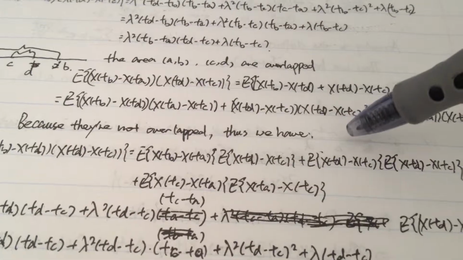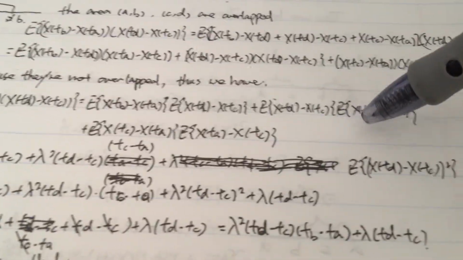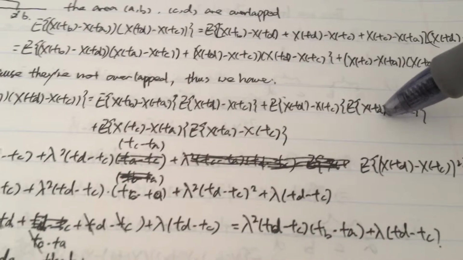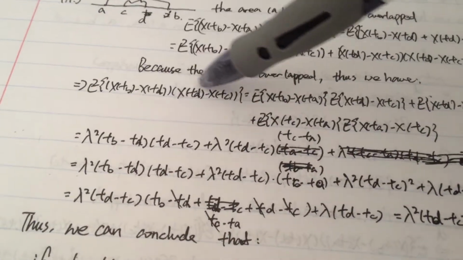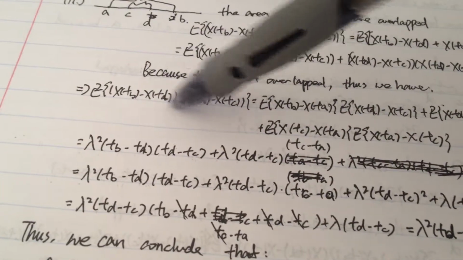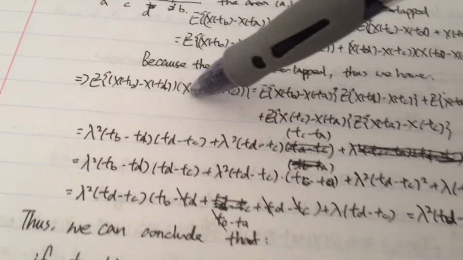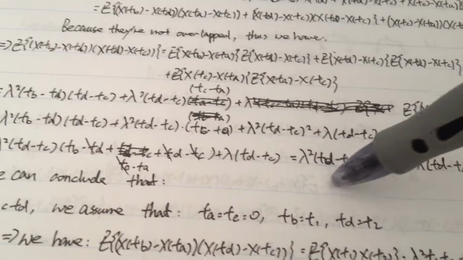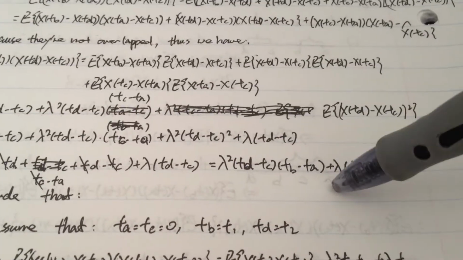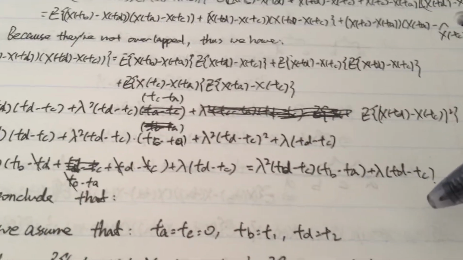According to this equation, we can know that this part is equal to this part, so that the whole part of this is equal to this one after several steps of calculations.